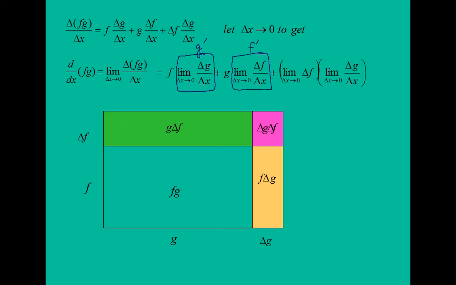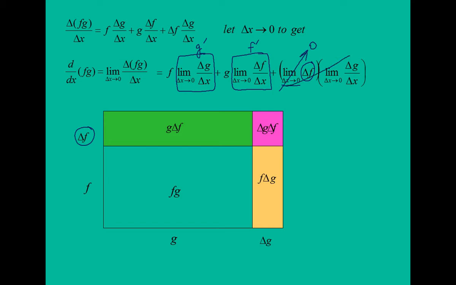Now what happens to the limit of delta f as delta x goes to 0? Well, if we look back over here at delta f, as delta x goes to 0, delta f is going to go to 0. So this quantity would go to 0. So we would have 0 times this quantity.